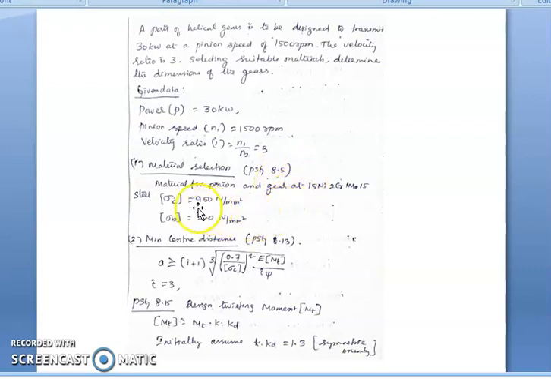We can select the same material for both pinion and gear, so we have only one sigma C and sigma B. The material for both pinion and gear is 15 nickel chromium 1 molybdenum 15 steel. Here the design sigma C is 950 and design sigma B is 320 Newton per mm square.